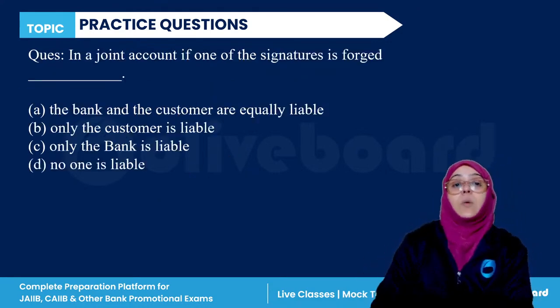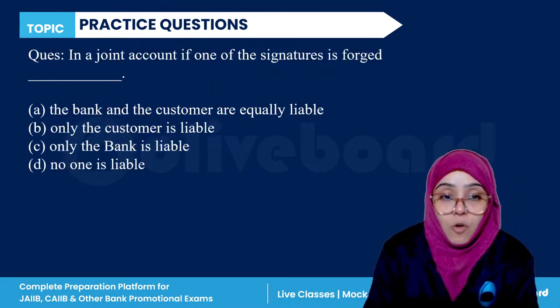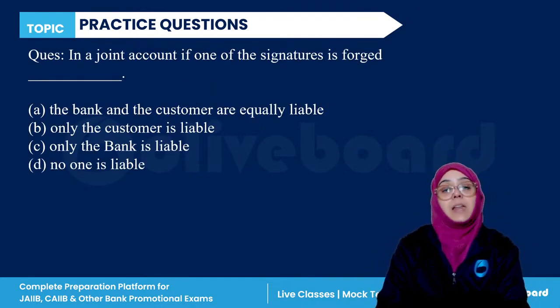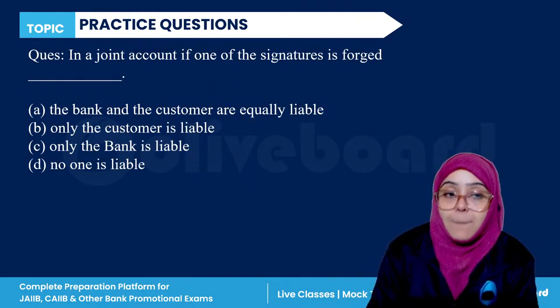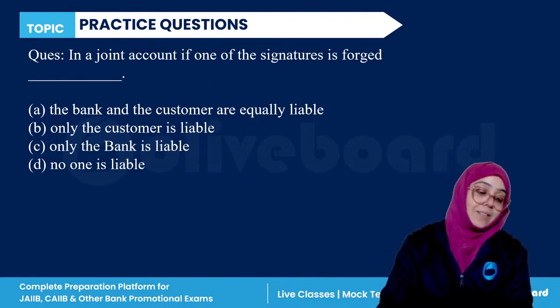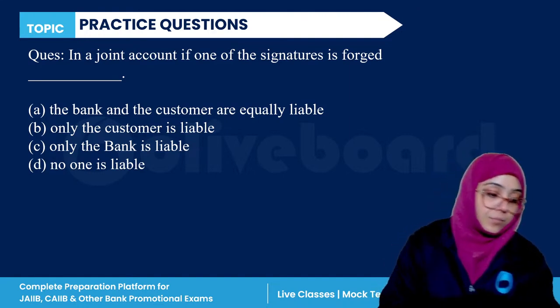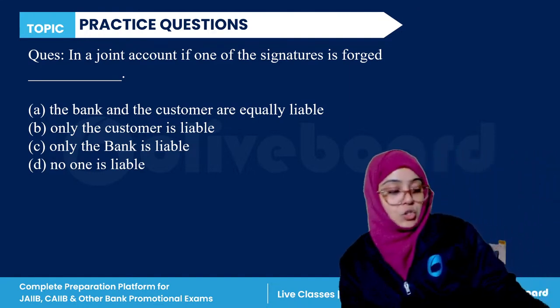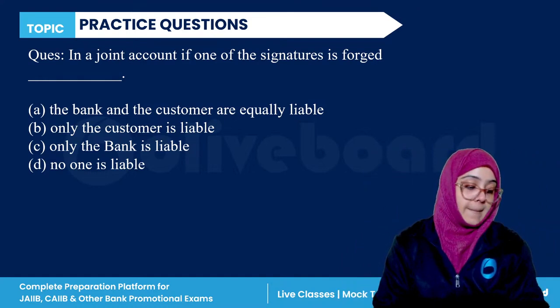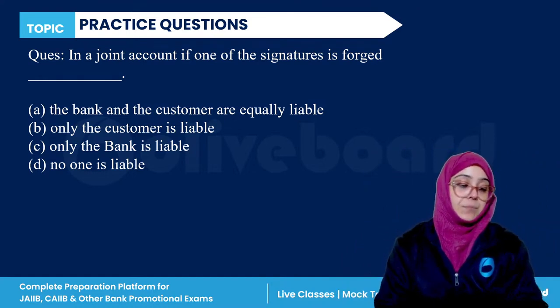Okay, next, in a joint account, if one of the signatures is forged, the bank and customers are equally liable, only the customer is liable, only the bank is liable, or no one is liable. Everyone, please answer this question.